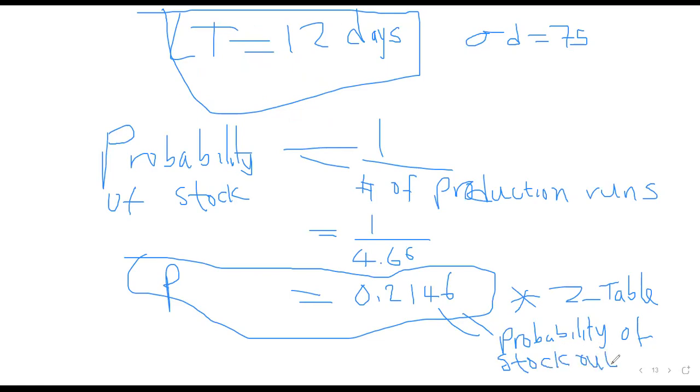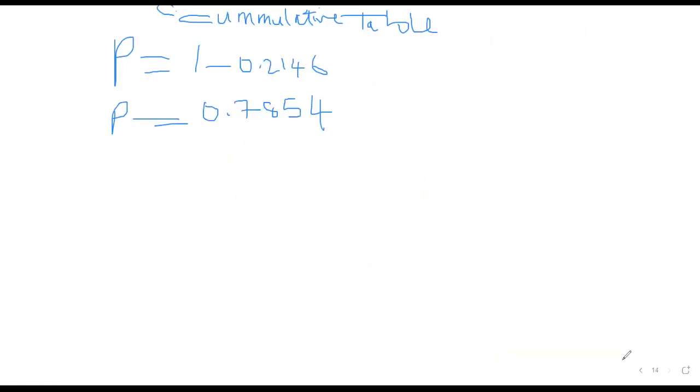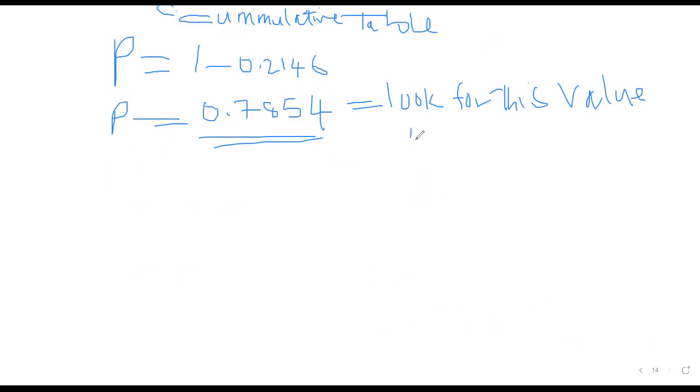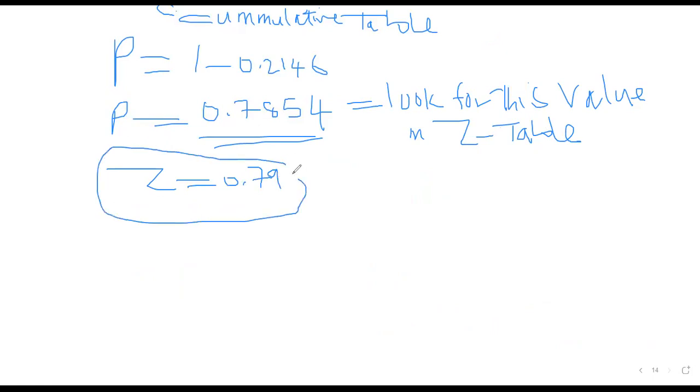So the probability that they'll produce is 1 minus that, which is 0.78. You look for this value in the Z table. You find that the value of Z here is 0.79, using the cumulative tables.